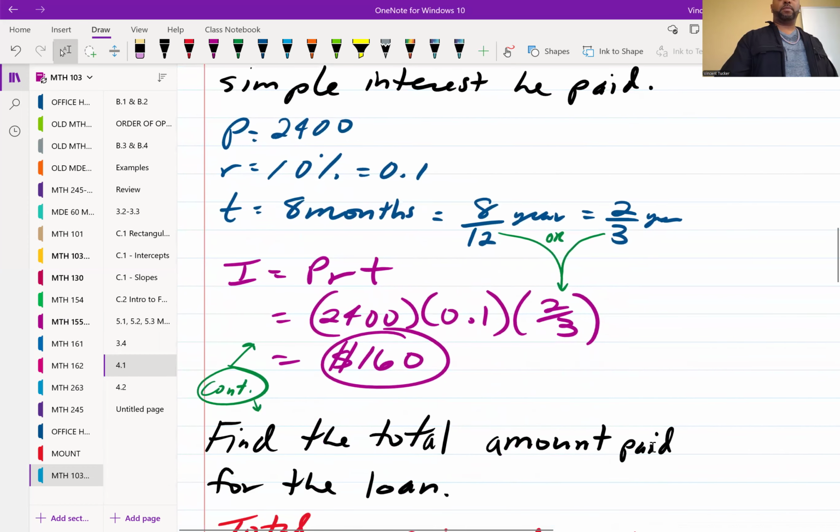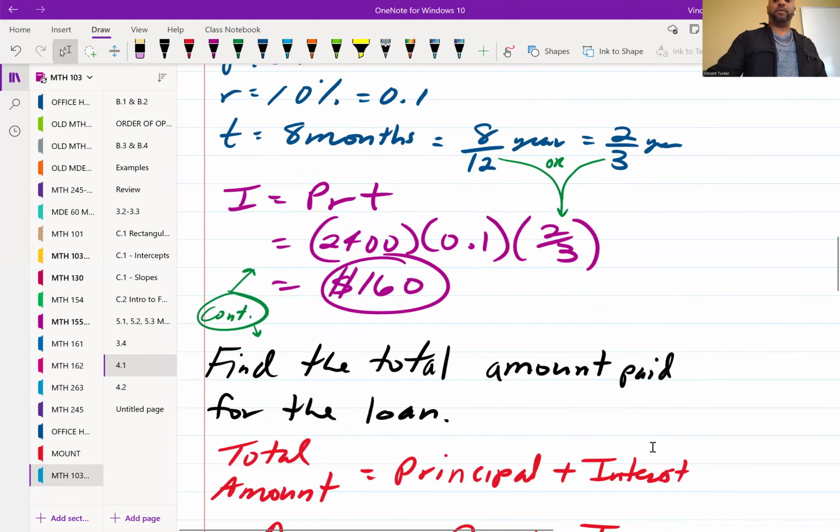Second part of this problem says find the total amount paid for the loan. Now, I is equal to the interest earned. That's not the total amount. For those who don't know how loans work, or may have never dealt with a loan, whatever you borrow, you have to pay that back too. So it's what you borrow plus the interest earned.